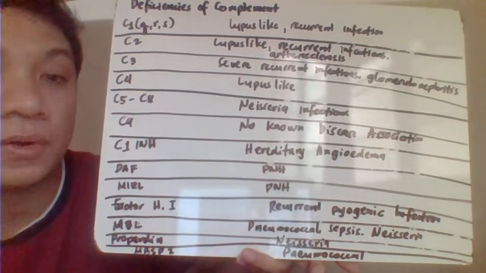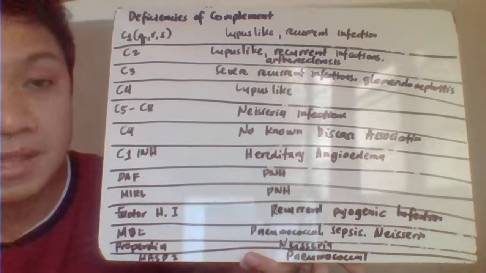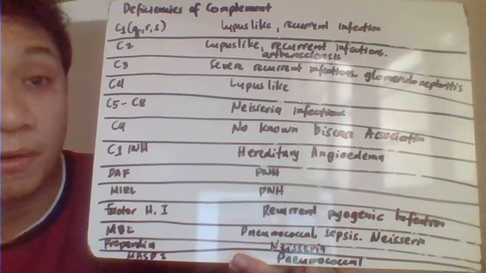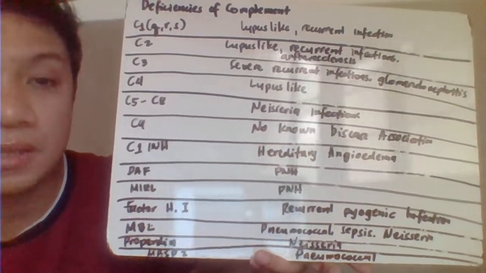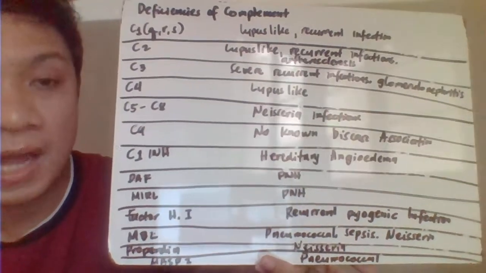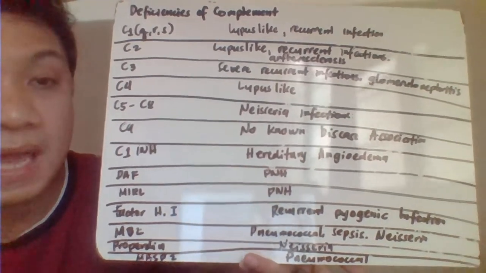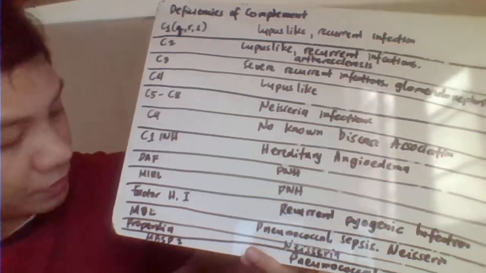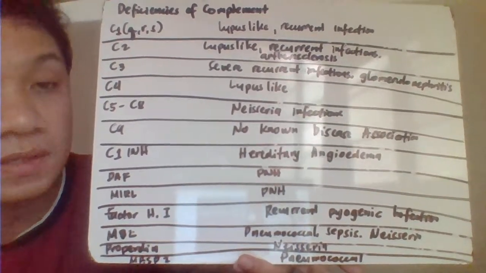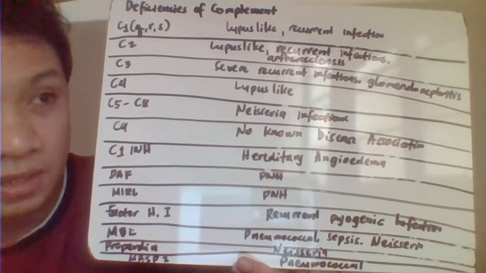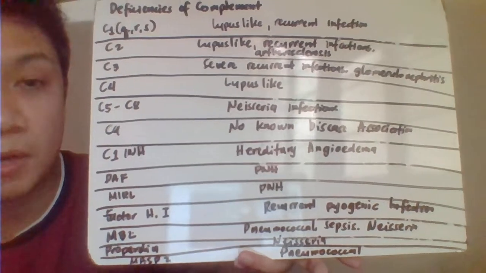C9 deficiency has no known associated disorder related to the absence of C9. Then we have C1 inhibitor deficiency, which results in hereditary angioedema. Decay accelerating factor and membrane inhibitor of reactive lysis deficiency result in PNH, paroxysmal nocturnal hemoglobinuria.